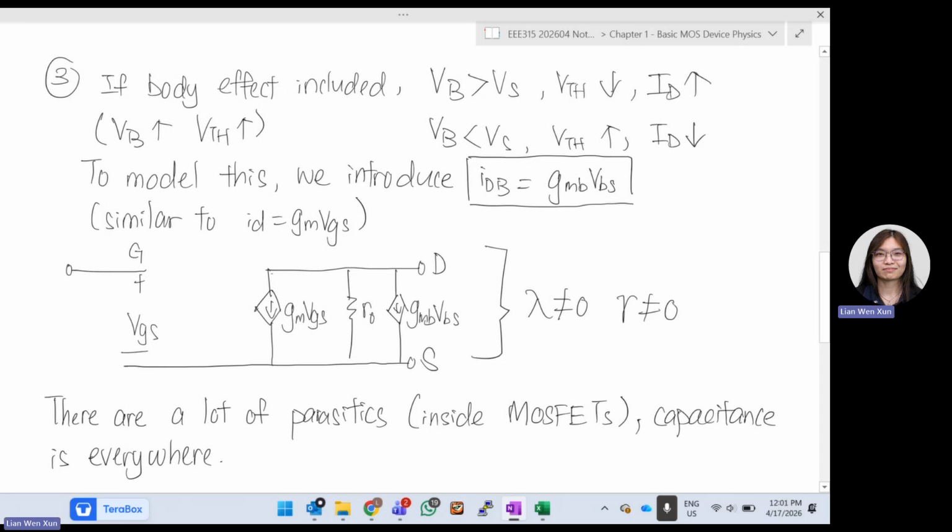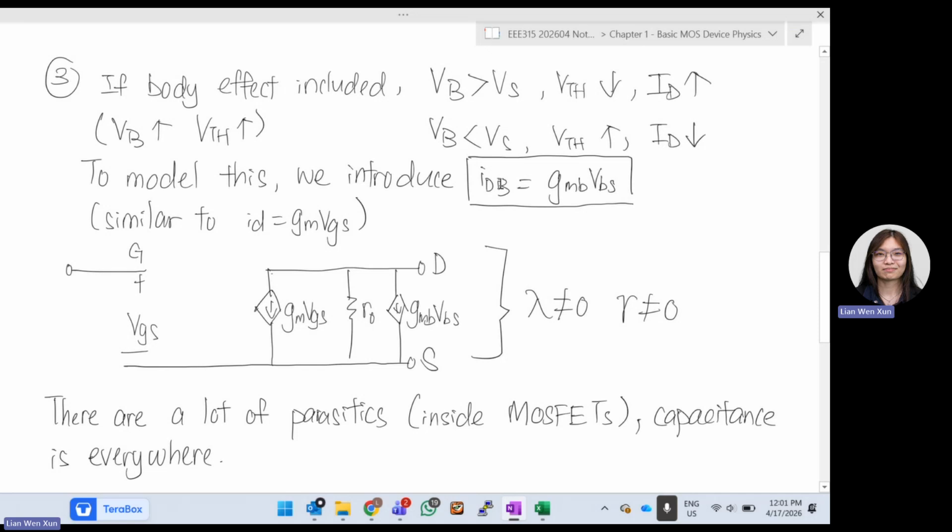So that's the ideal case. When VTH drops, ID increases. So basically, the change of your body and source voltage will cause an increase or decrease in your drain current also. But it doesn't directly affect our gm·VGS over here.